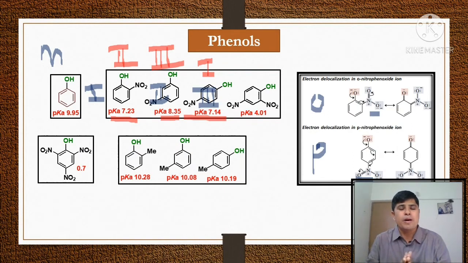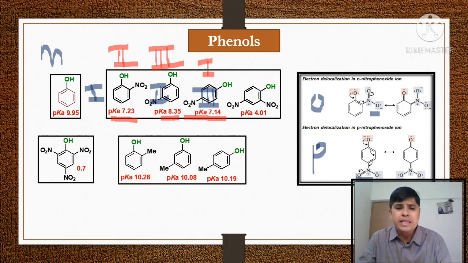Because in the case of the ortho isomer, after donation of a proton there is formation of the conjugate base. In the para isomer also and in the ortho isomer also there is formation of the conjugate base, and that conjugate base is stabilized well through resonance, electron delocalization.